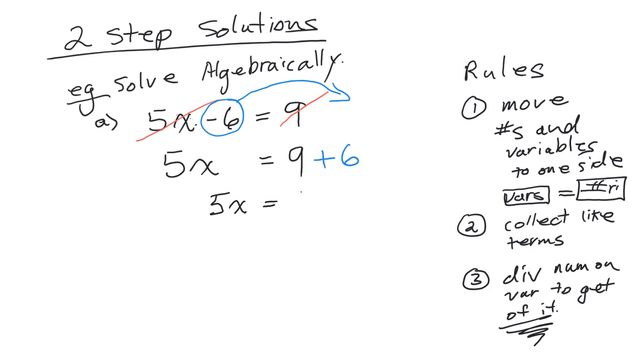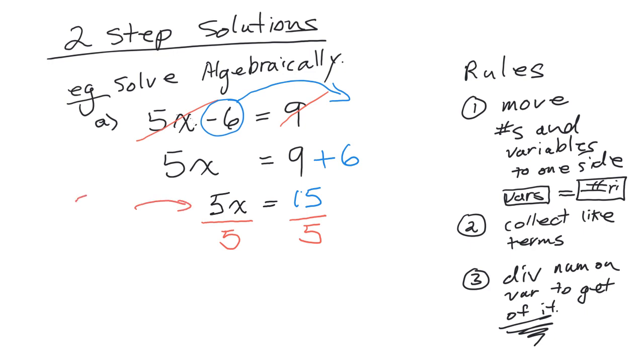So once you have that, we have to look at the third stage of our problems. We have to divide the number that's on the variable away from that information. So let's do that. We're going to take 5x. And what's the opposite of 5x? It's just dividing by 5, isn't it?